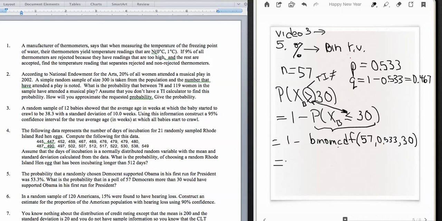Now, I'm always just a little bit hesitant, and so I sometimes will do my binomial probability first, and then I will subtract that value from 1 just to make sure, because I don't always get successful when I do 1 minuses. But I was successful, I get the same answer either way I do it, whether I start with this and then subtract that value from 1, or if I just plug in 1 minus the binomial.